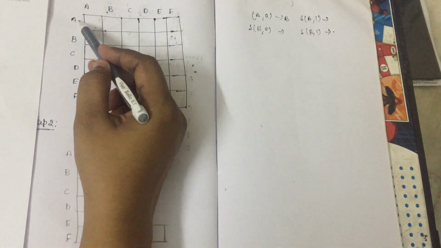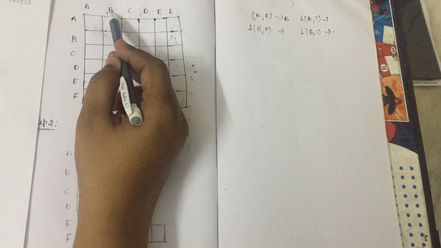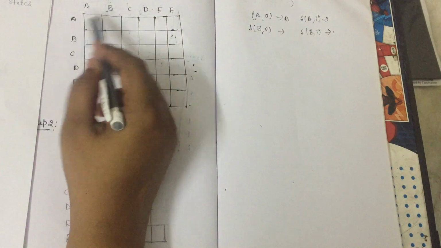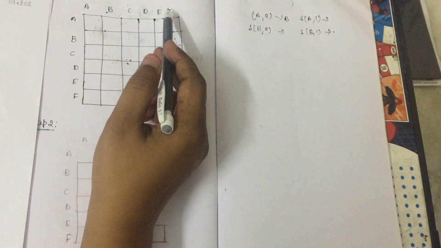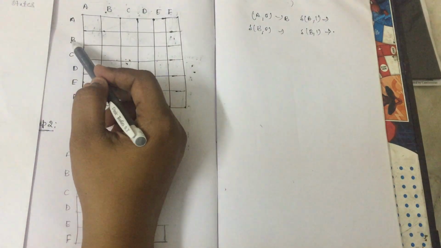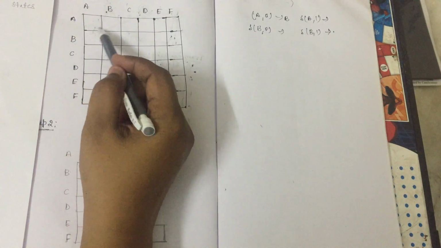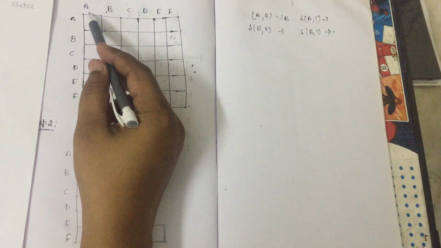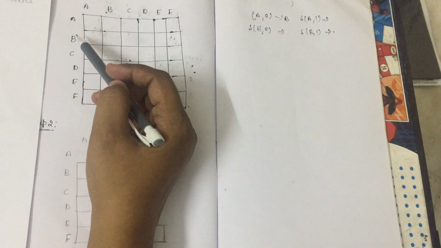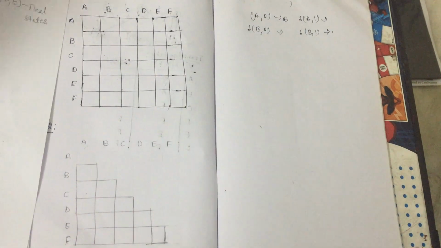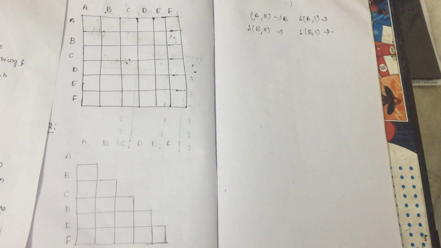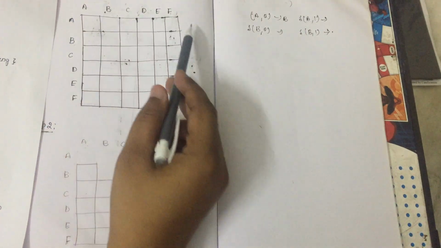Here AA will become a pair, AB will become a pair, AC will become a pair, AD, AE, AF will become a pair. In such a manner, each and every cell is a pair formed with two states. Now, as per step 1, we have constructed a table for all the pairs.